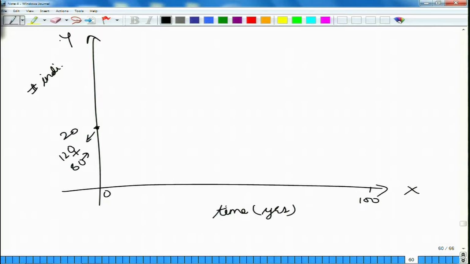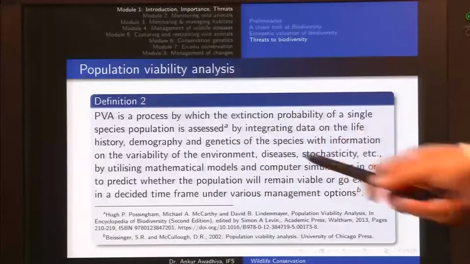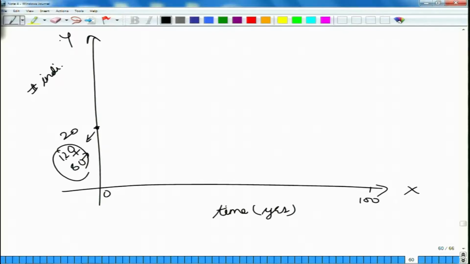Now, if we know the life history of the organism, so we are using the life history, demography and genetics of the species, what we are asking is that if we have these many individuals and these females, suppose we find out that among the females, the young females are, say, 2, the adult females are, say, 8, and the old females are, say, 2.